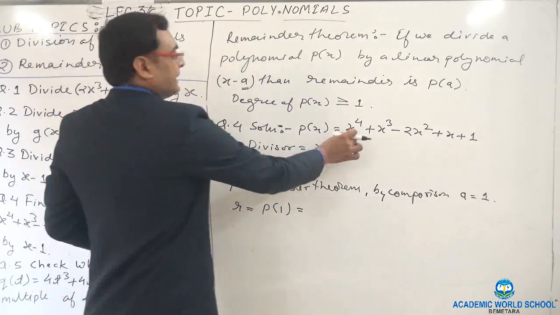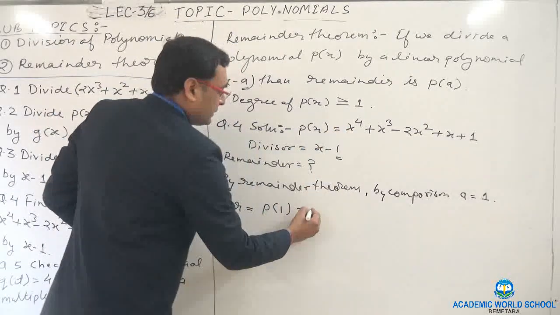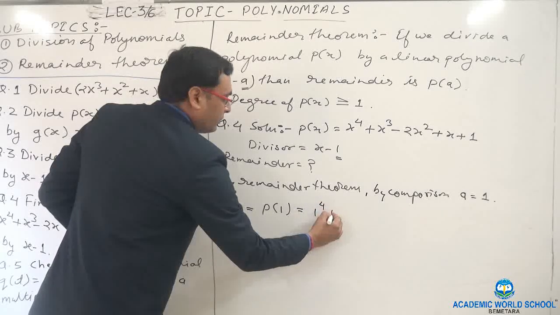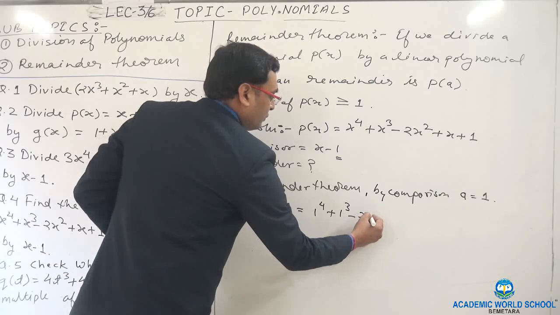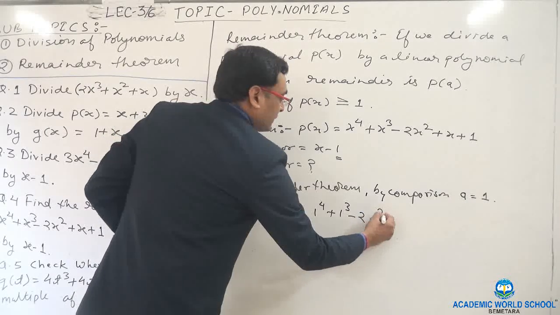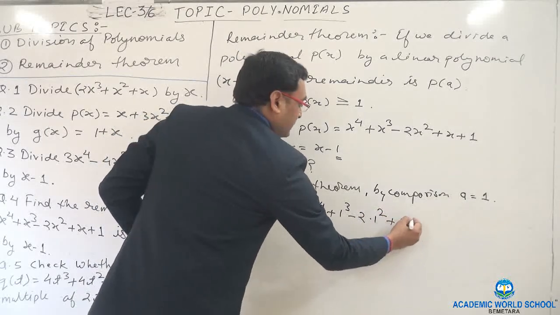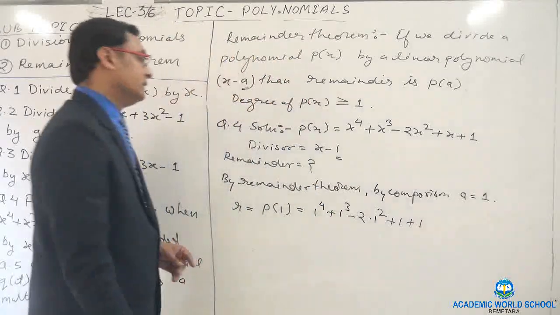So put here at the place of x write down 1. So 1 to the power 4 plus 1 to the power 3 minus 2 into 1 square plus 1 plus 1.